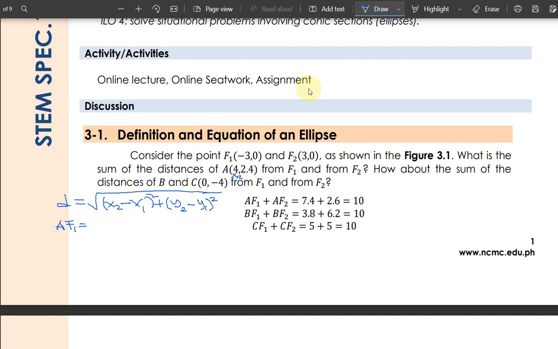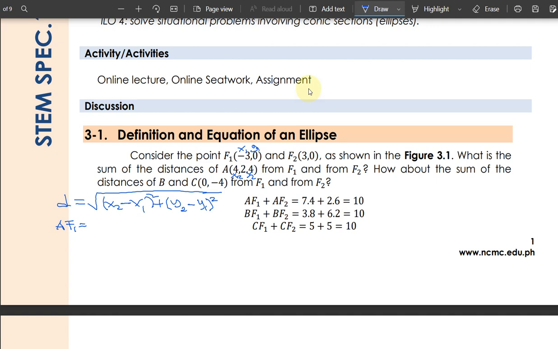Then si F kay mo ni siya ang atong X sub 1. So syempre ang pares niya nga coordinate kay Y sub 1. And dari naman ang pares niya is Y sub 2. So 4 and 2.4 are your X sub 2 and Y sub 2. Negative 3 and 0 are your X sub 1 and Y sub 1.